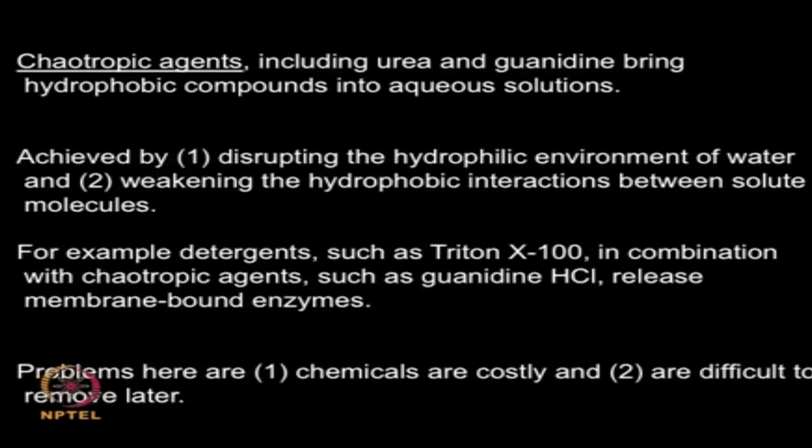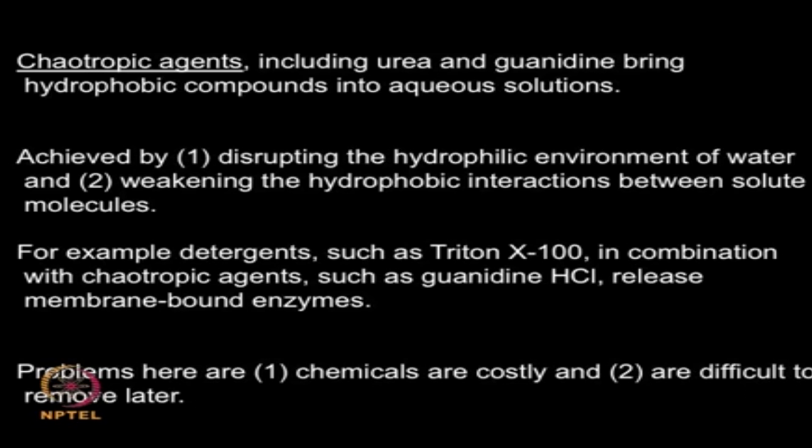Then you have chaotropic agents. We can use urea, guanidine, and uracil is another agent. Here urea and guanidine bring hydrophobic compounds into aqueous solutions; basically that is what they do. How do they do it?